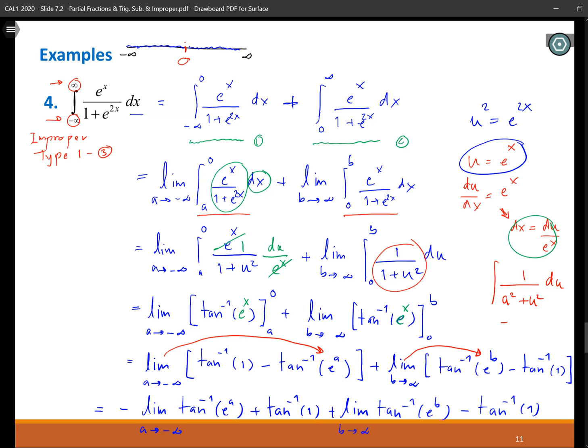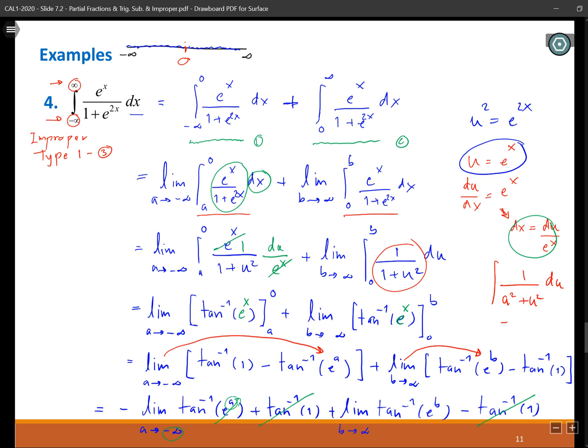And as you can see here, this arctan of 1, they are going to cancel with each other, plus arctan 1 and minus arctan of 1. Now let's take a look here. This minus infinity is going to go into here, which means that the inside term is going to approach 0, right?